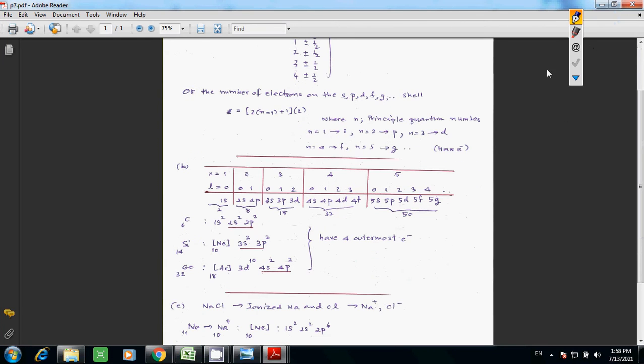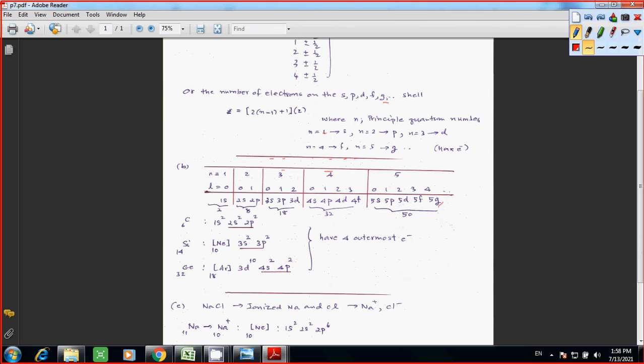So you have G as 18, plus 32, because you're ending at the subshell F, so that makes 50, right? 18 plus 32, that's 50.